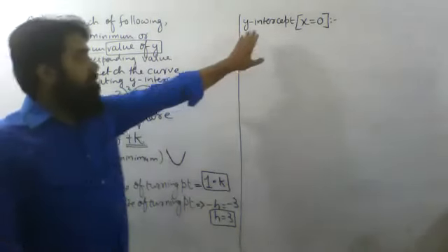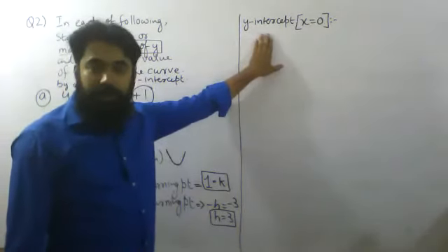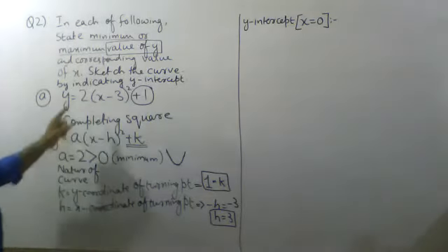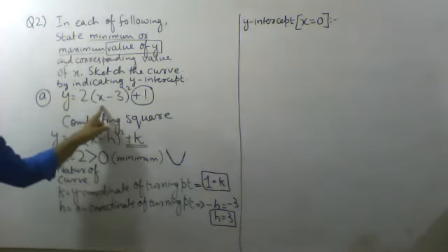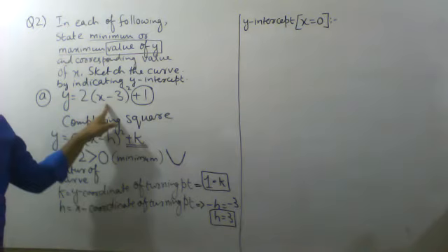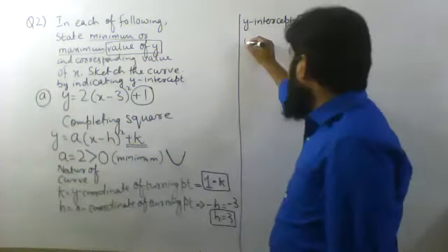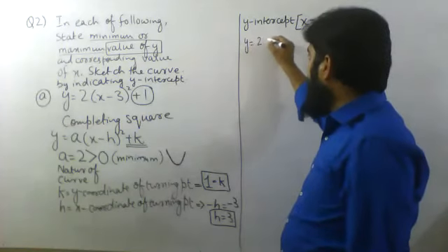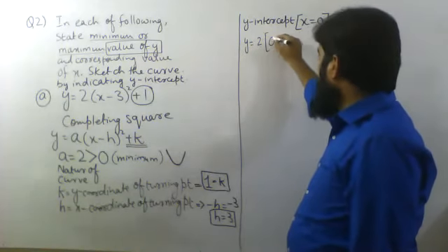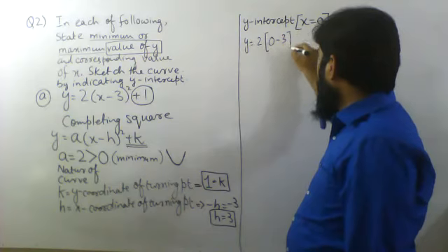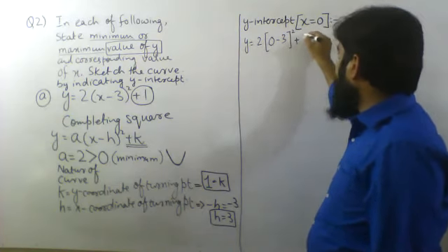So for y intercept, what will I do? I will put 0 in place of x. So y equals 2 times 0 minus 3 whole square plus 1.